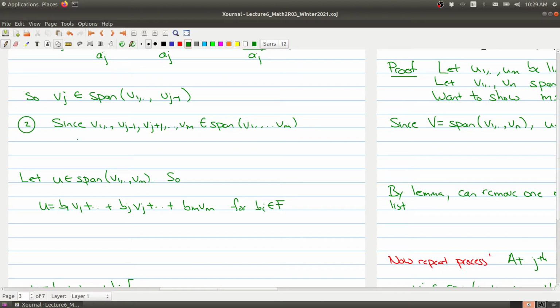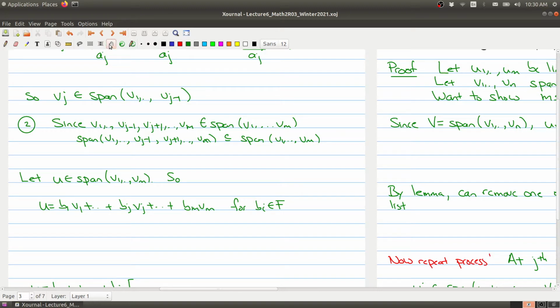So we know the span of these vectors has to be inside of the span of V1 through Vm. So one direction is clear. It's the reverse direction where we have to do a little bit more work.